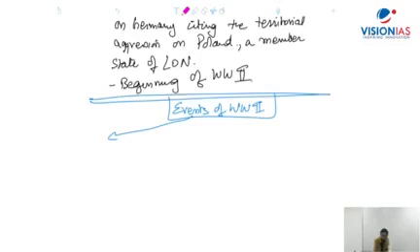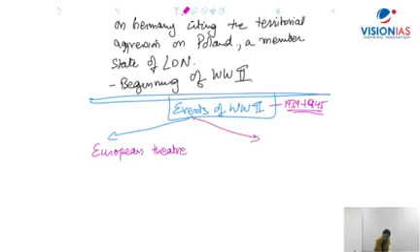So events of World War II. What you see is that we're saying basically that the war began from 1939 and went on till 1945. The war had three major theaters. One is the European theater, the other is the North African theater, and the third is the Asian theater.